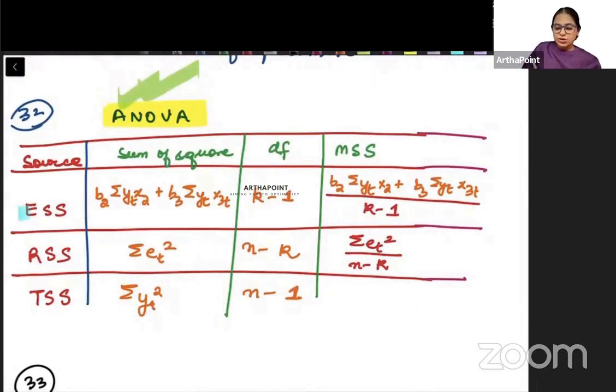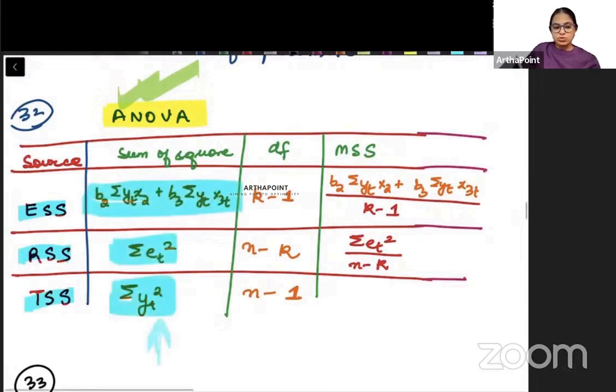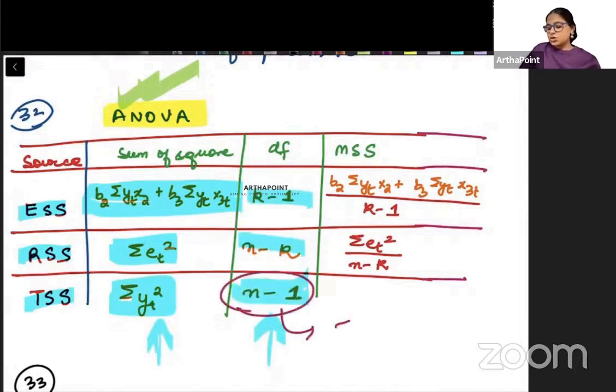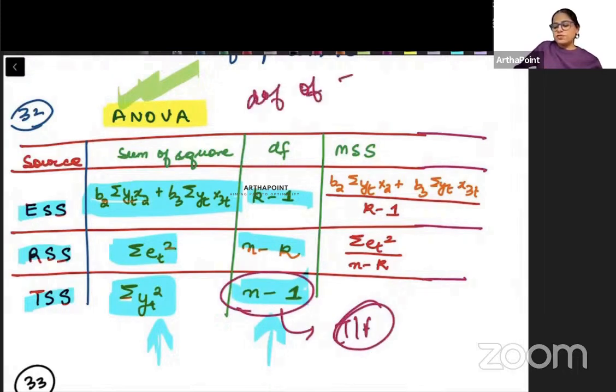तो अगर आप यहाँ देखोगे, this is ESS, RSS, TSS. This is the formula for ESS, RSS and TSS. अभी I have already explained you these formulas. These are their degrees of freedom, k minus 1, n minus k, n minus 1. बेटा ये भी एक, it comes as a true false statement that the degree of freedom of TSS is always n minus 1.